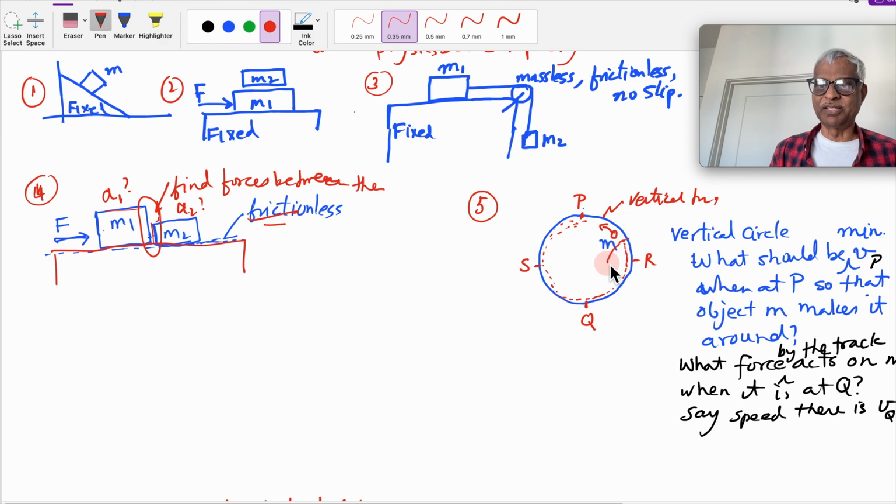It might just fall off here. It might fall off here, but if the speed is just right, it will just make it. So we want to know what the speed should be, so it just makes it. And over here there may be another speed, and we want to know how much force the car will apply on it if the car is here. You can do over here how much force the car will apply, things like that.